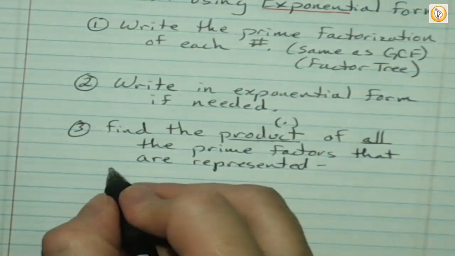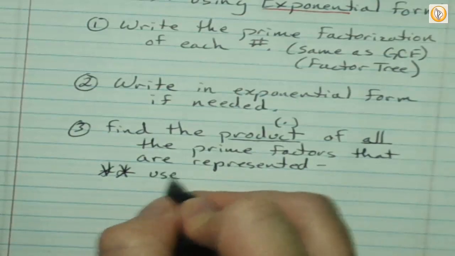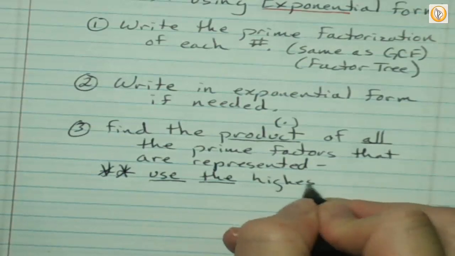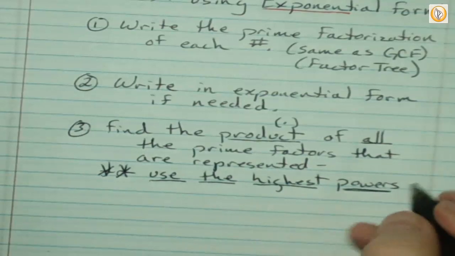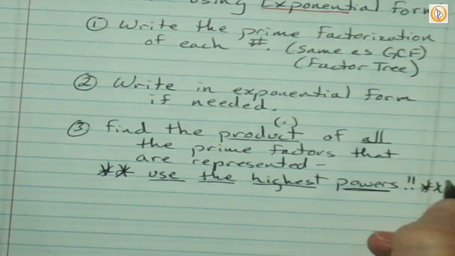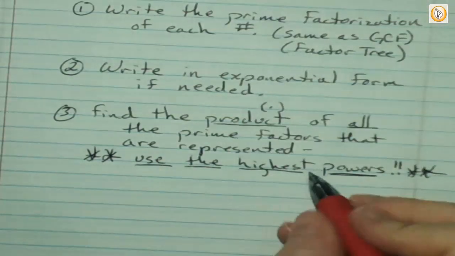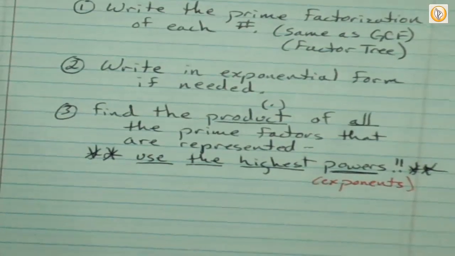Now here's the crazy part. Look, I'm putting 2 stars here. Use the highest powers. You don't want to use low powers, right? You want to use the highest powers. Look, exclamation marks and more stars. What does it mean, powers? Exponents. Very good. Powers mean exponents. So we're going to be using the highest powers.